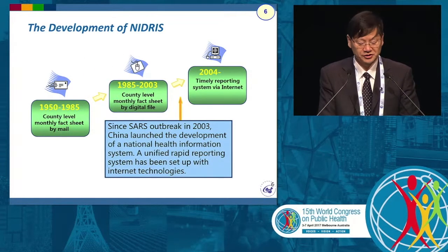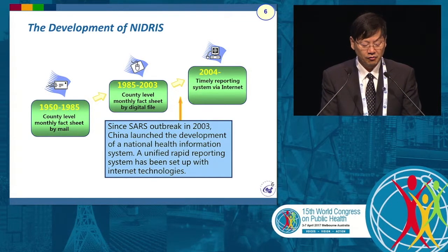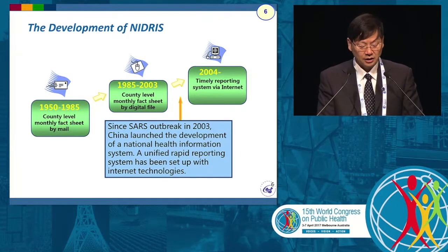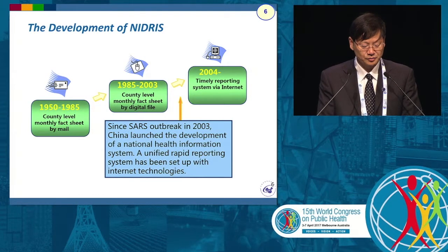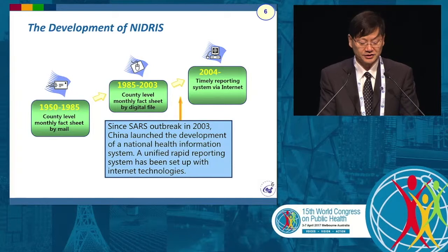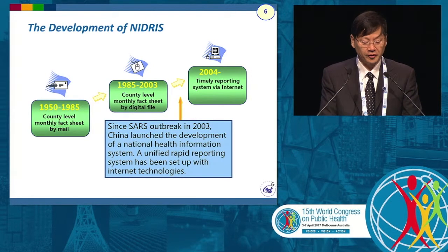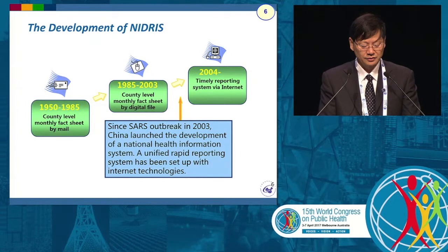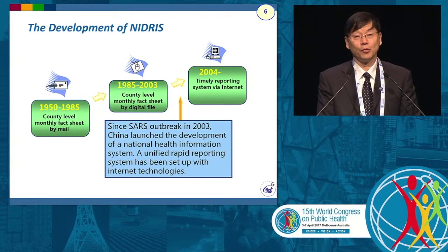The notifiable infectious disease reporting system in China has evolved over past decades, and the reporting mechanism has been improved greatly. During the period of 1950 to 1985, only aggregate data at the county level was reported, mostly by paper mail.